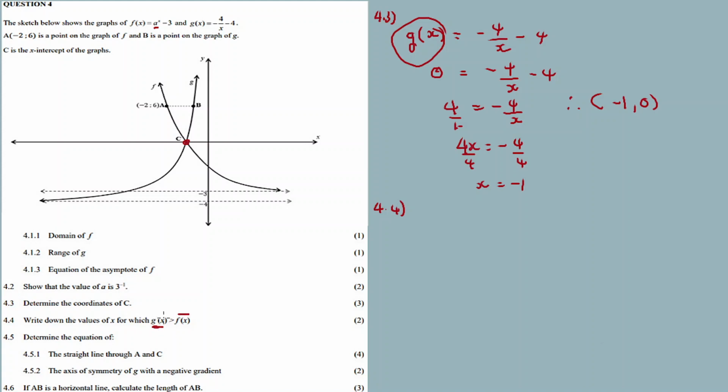In other words, g of x must be above f of x. If it was, let's say, g of x less than f of x, it means that g of x must be below f of x. So in this case, find the x values that will make g of x above f of x. Let's look for that part of the graph.